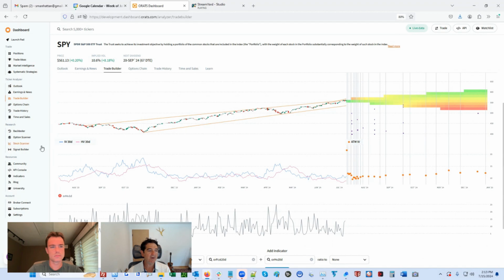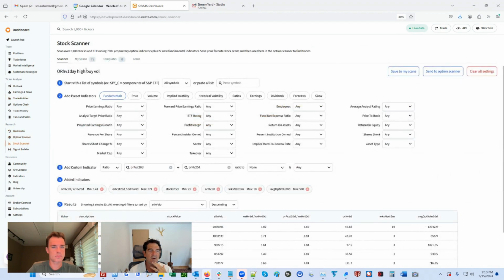The other way, like you said, you could search for stocks using the stock scanner. And so I've contrived an ORATS HV one-day high, buy vol. What that means is let's find stocks that are moving a lot, and we'll look to buy some vol here. So it's ORATS HV one day divided by the 20 days. Another way to find it is to check whether our forecast divided by the HV is lower.